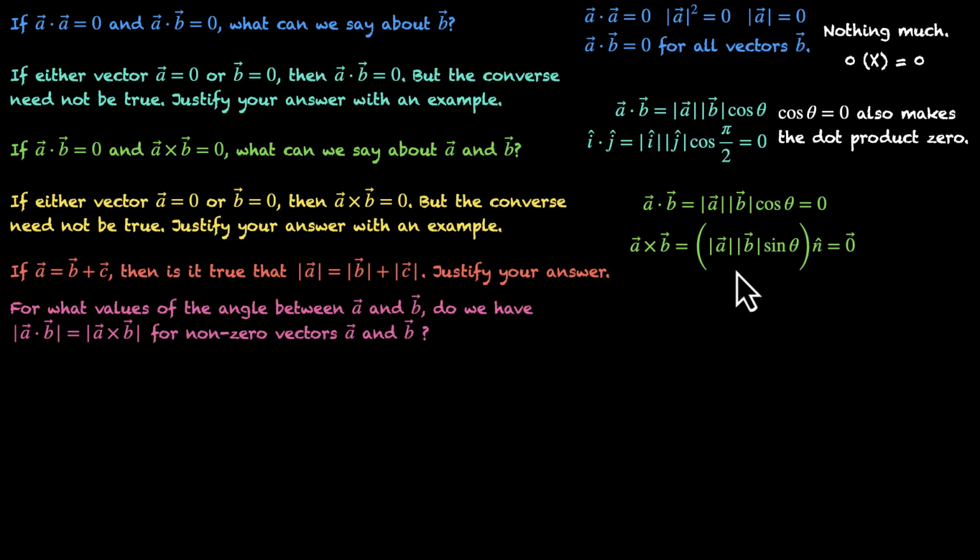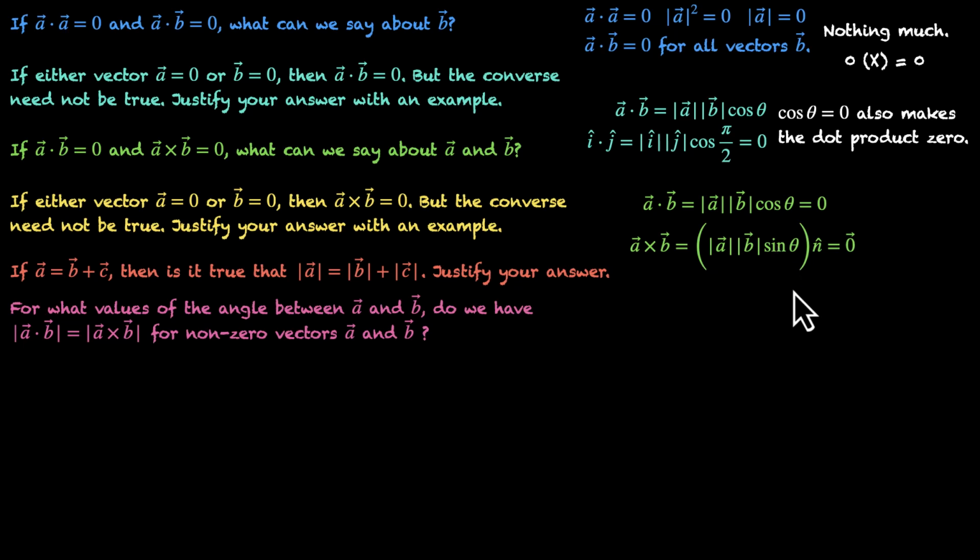Any one of these could be 0 and we'll have a cross product equal to 0. So what's happening when both of these are 0 together? Can we have both of them 0 with non-zero vectors? Think about it. If mod of a and mod of b are both non-zero, can we still have both of them equal to 0? For that to happen, cos theta should be 0 and sin theta should be 0. And that can't happen.